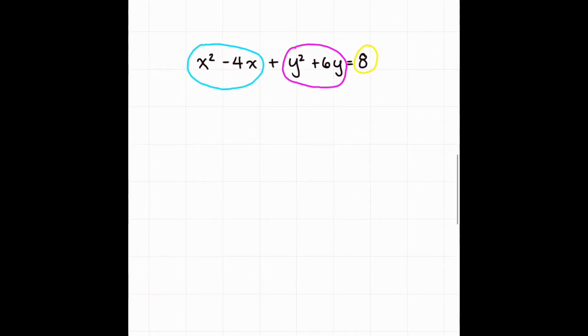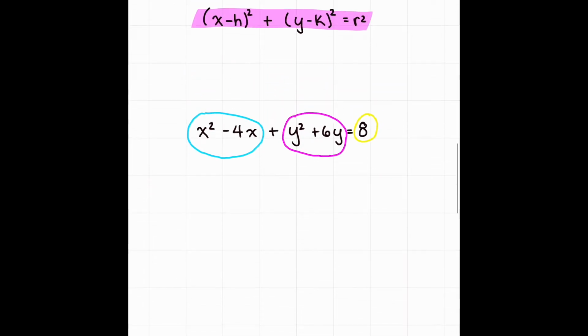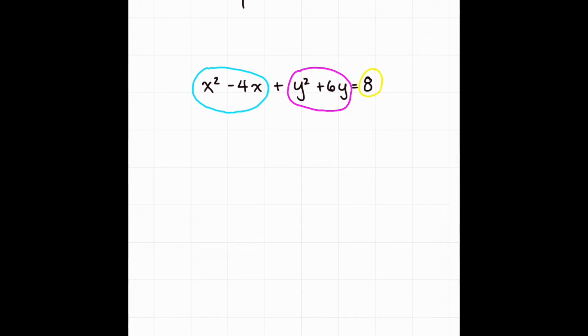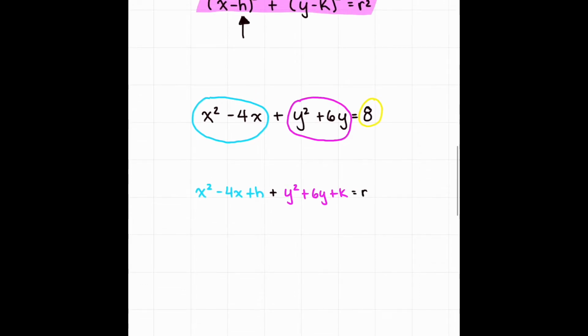So if we take our x component first and add in the h here, we get, and now if we take the y component and add k, this is what we get, and that is set equal to our radius squared.